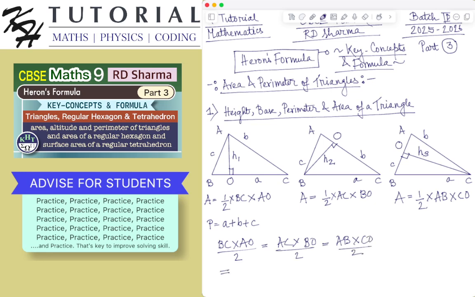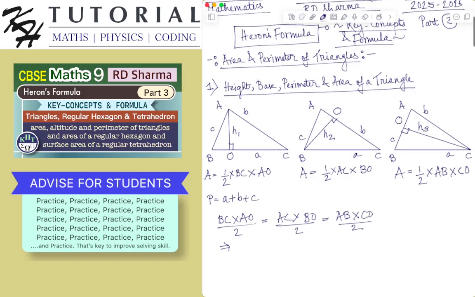I can multiply all the terms with the 2, and this will imply that BC multiplied by AO, let's say I am denoting the length AO as H1, is equal to AC multiplied by BO, which is H2, is equal to AB multiplied by H3.